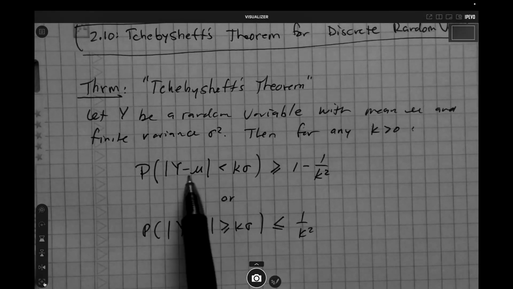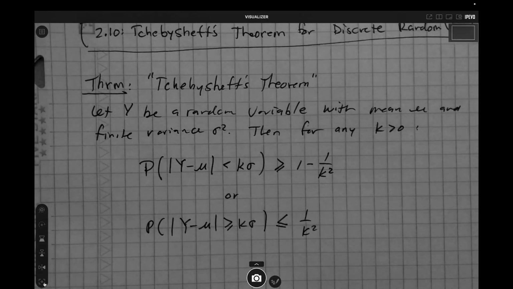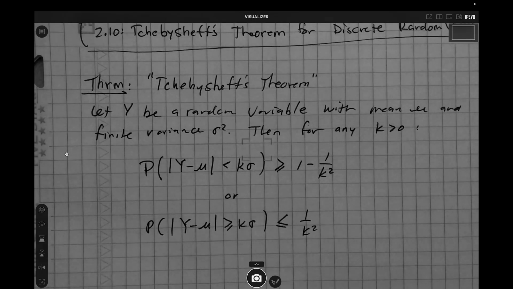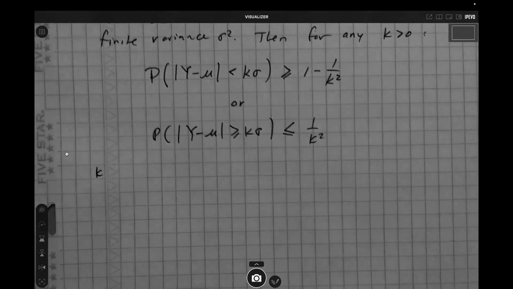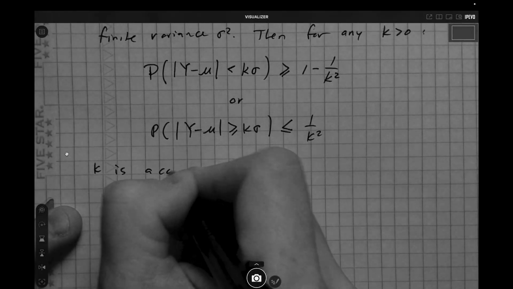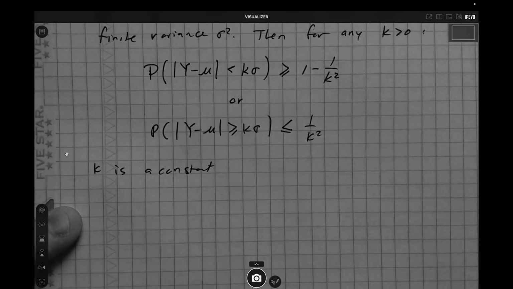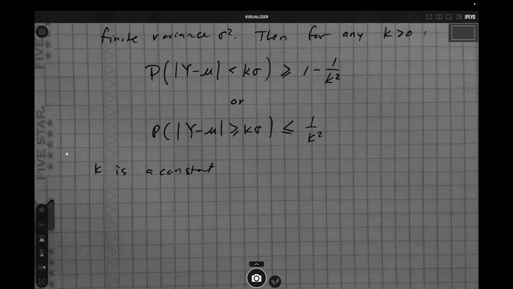You're either expressing the probability that the random variable is within k standard deviations, or you're expressing the probability that the random variable is outside of k standard deviations. Okay, so remember, k is a constant. Like 2 or 3, k equals 2, k equals 3.